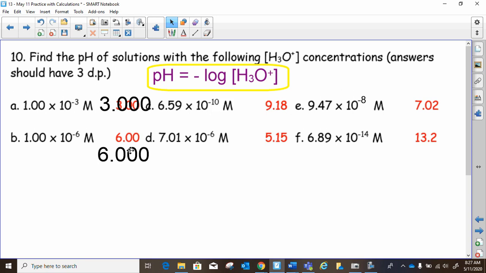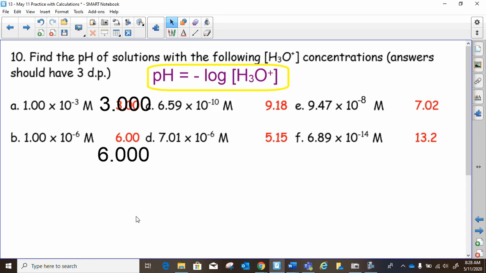Let me just see. If I have 6.59 with an exponent of 10 negative, and I find the log of that, you know what?